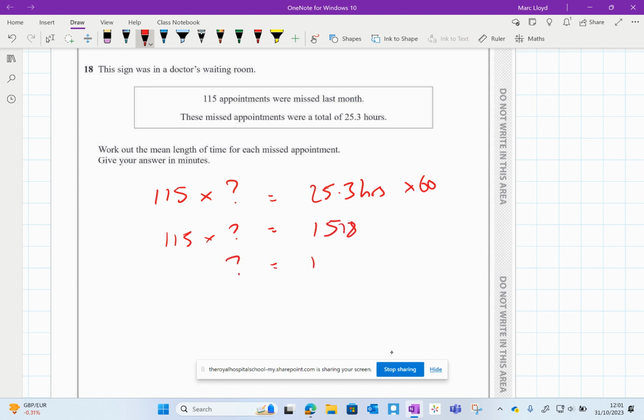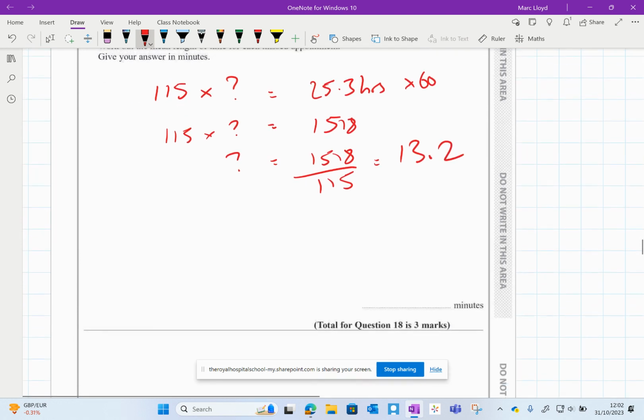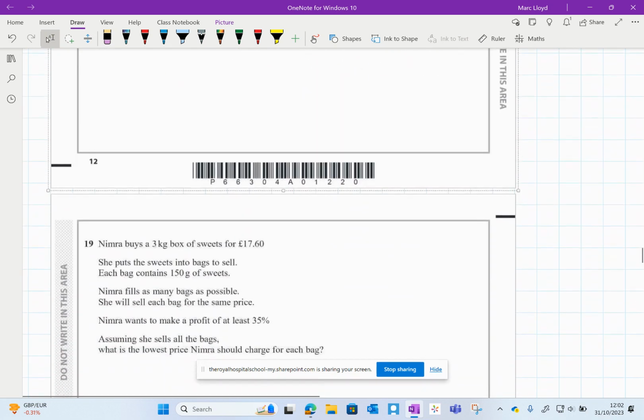And then I'm going to do 1518 divided by 115. And that gives me 13.2. And it hasn't said to do anything other than that. So 13.2 is our solution. Happy days.